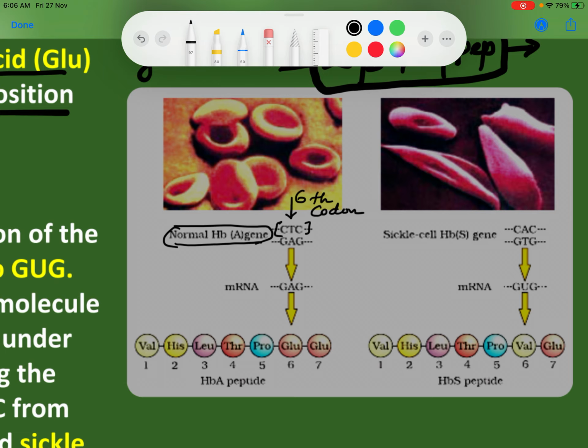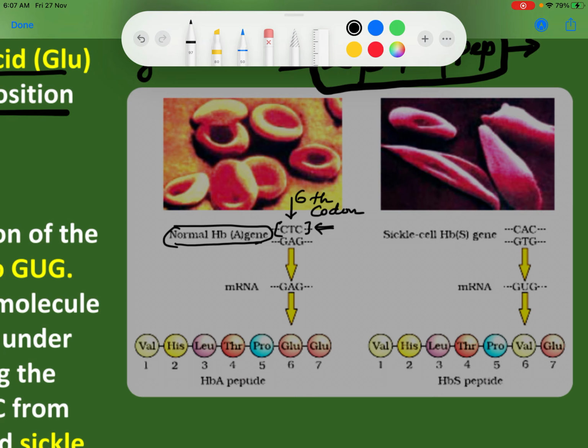A codon, as we know, is having 3 base pairs. Now this is dominant gene, so it is going to produce your hemoglobin, beta globin actually.